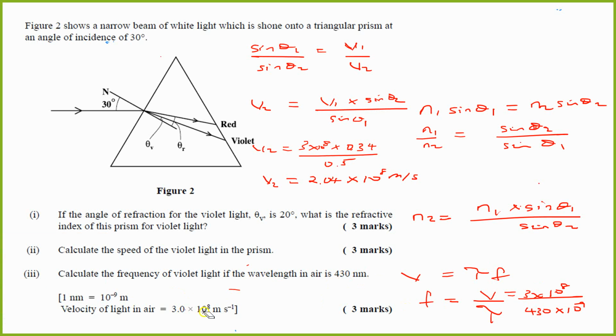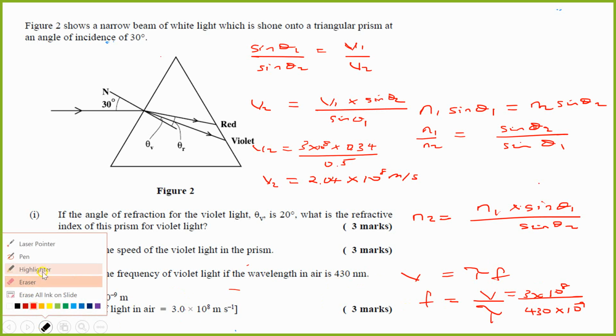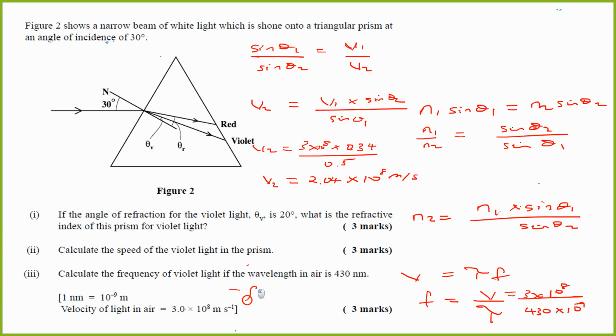So when we do this working out now, my frequency is going to equal 6.9 times 10 to the 14. What's the unit for frequency?